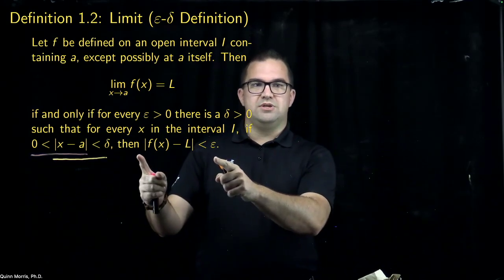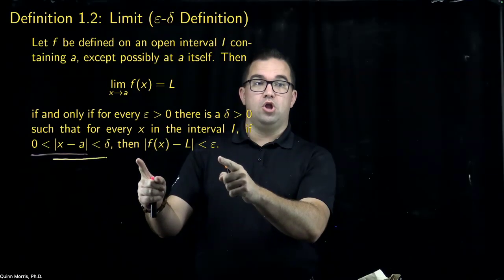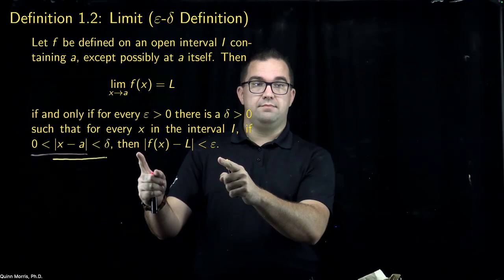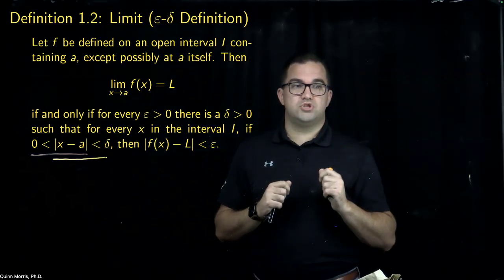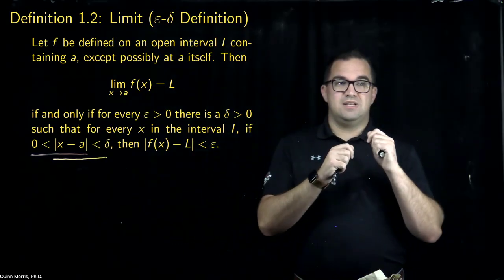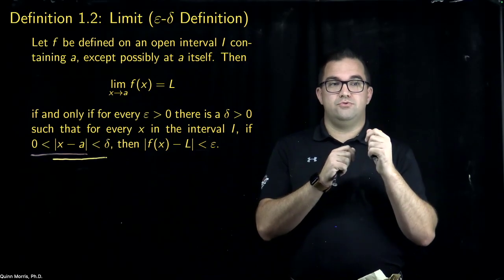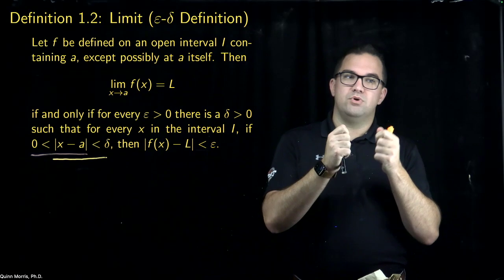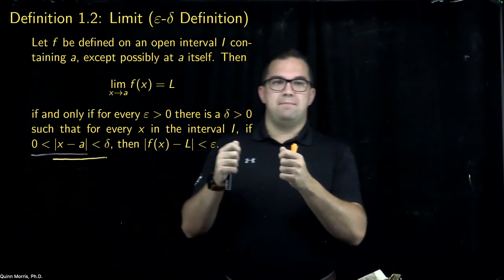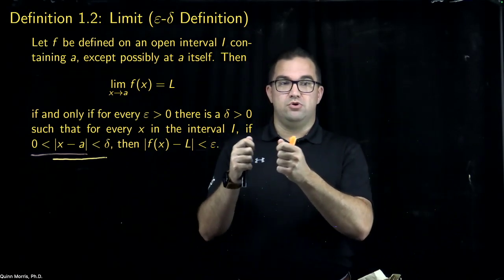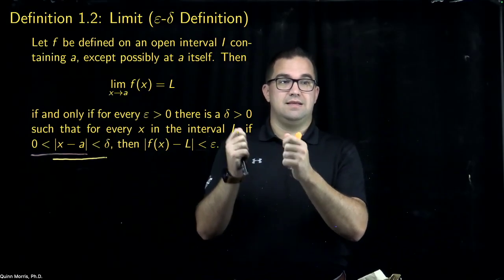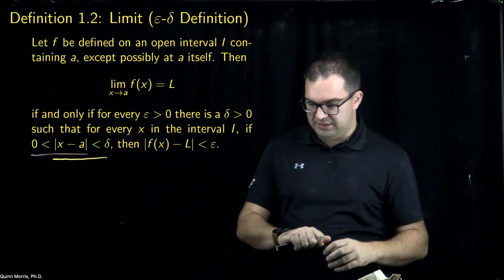And then what I'm trying to do is show that the function values are close to the limit values in those cases. So the key is you show that you can get the difference between your function values and your limiting value arbitrarily close, within an epsilon, by making sure your x values are within a delta of a. That's exactly how we formalize this definition.